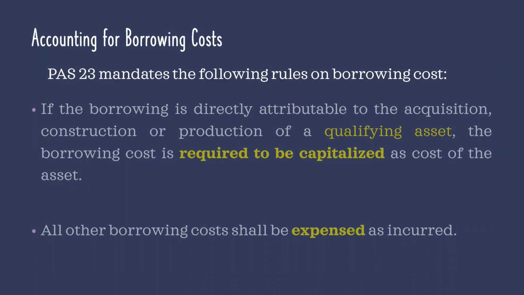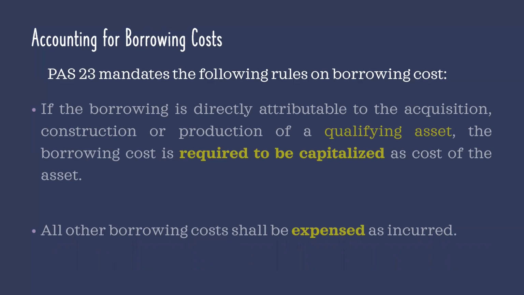By the way, class, this borrowing cost topic is still related to our topic about acquisition of property, plant, and equipment. So our property, plant, and equipment discussion is related to construction. So specifically, this is a topic which is related to construction.